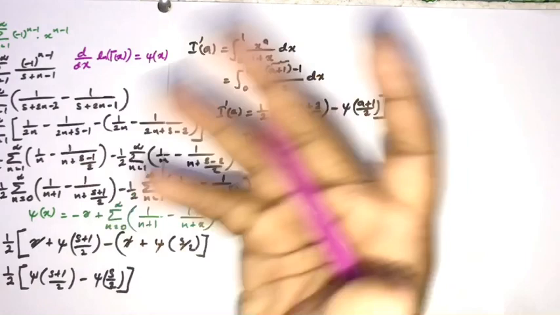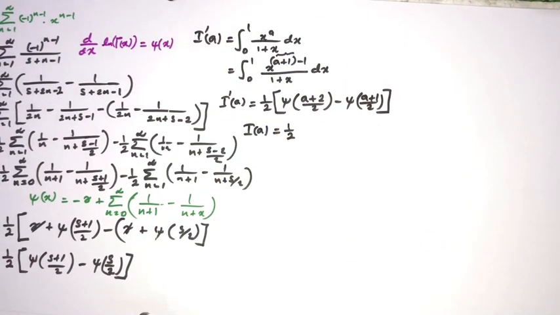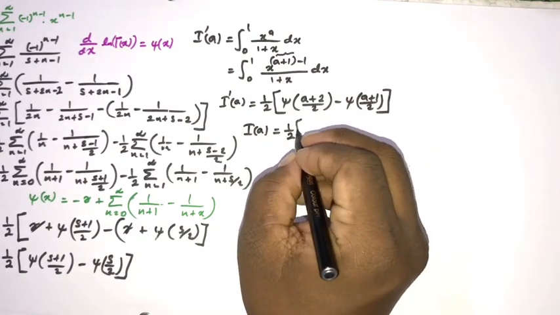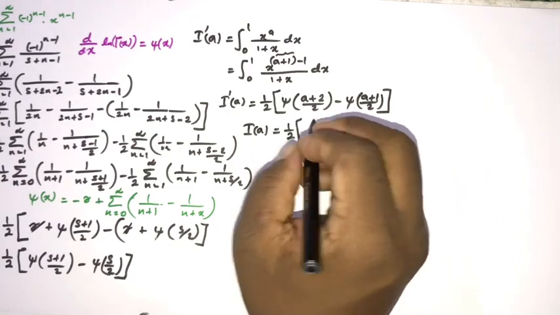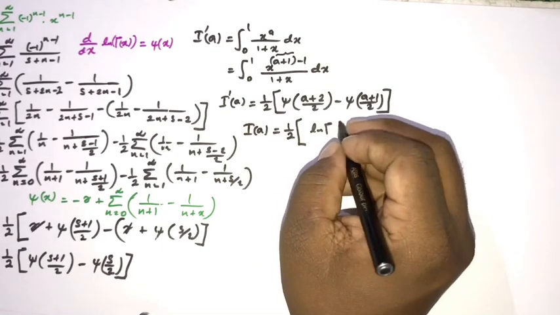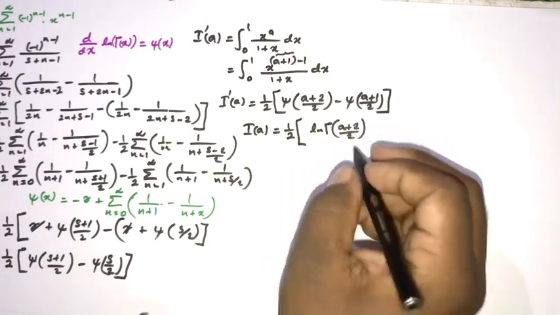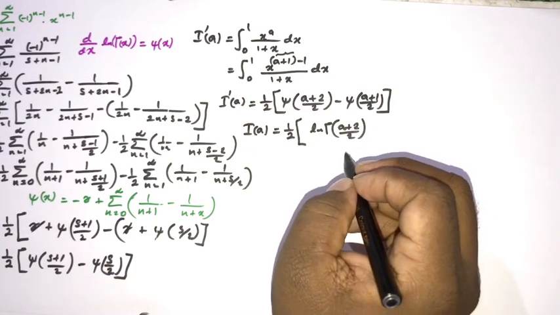So now we can use the antiderivative, so we can write here 1 half natural log of gamma of a plus 2 over 2, but when integrating we should divide by the coefficient of the variable.